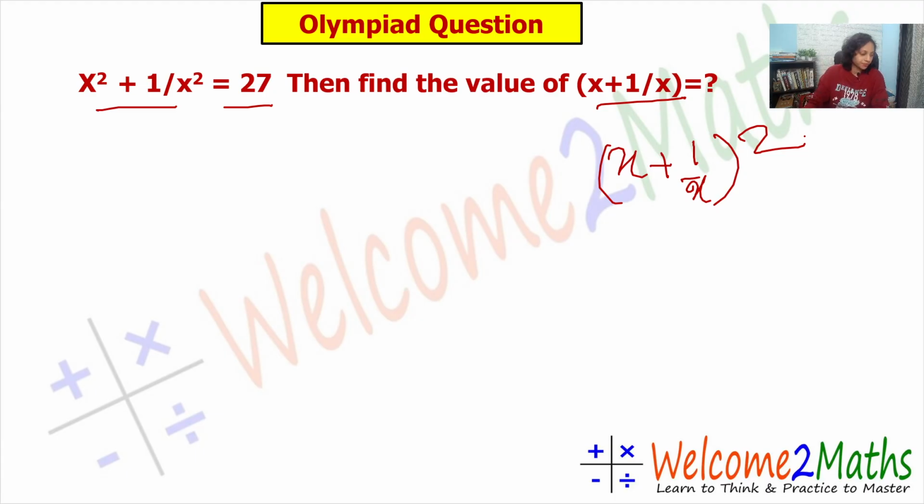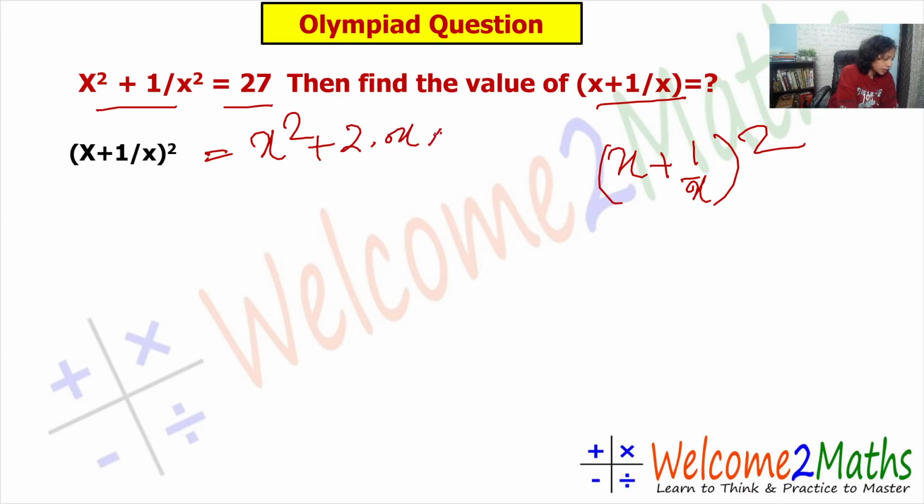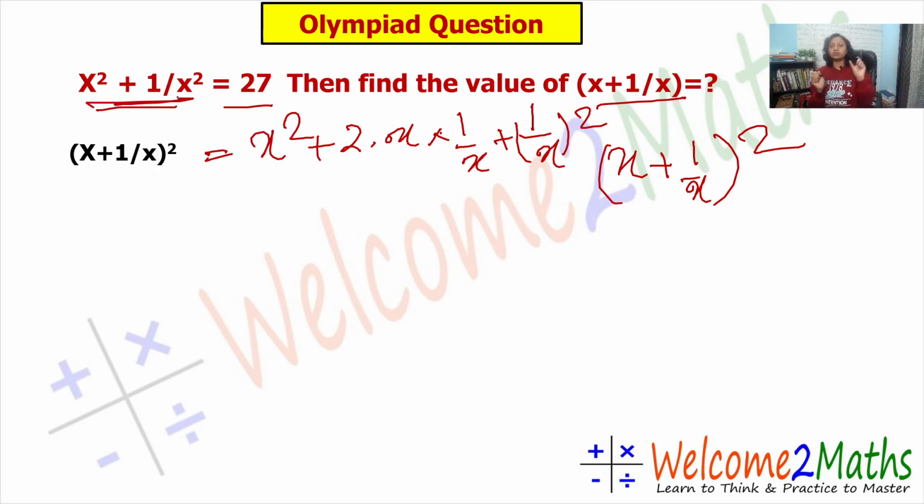That means let's write it as x square plus 2 into x into 1 by x plus (1 by x) whole square. Here we have the value of x square plus 1 by x square equal to 27. So let's check if we can solve this question in this way or not.